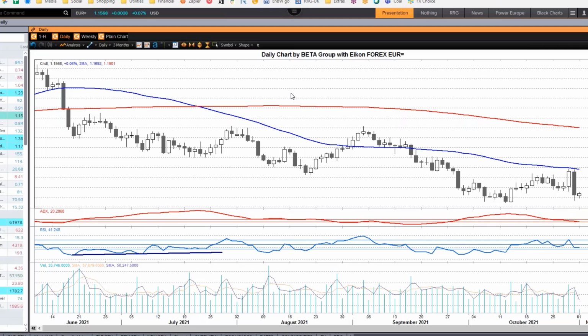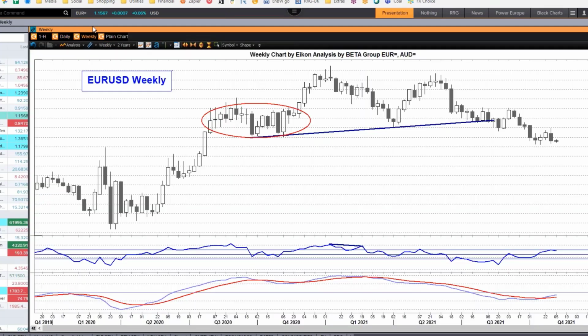Starting with the euro, and just the big picture on the euro firstly. I talked a long time ago about this potential head and shoulders pattern: left shoulder, head, right shoulder. We broke the neckline, but then we revisited the neckline for one week. We were above it, then we've come down, revisited the break, I think, of 117 and come down again. I think this is resuming, it's moved down.